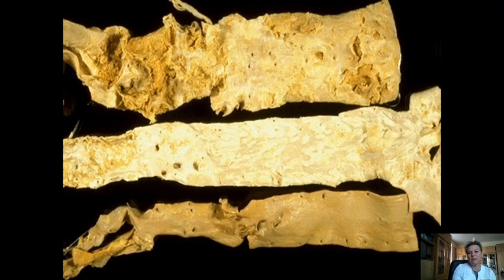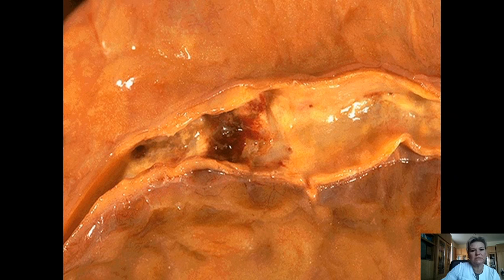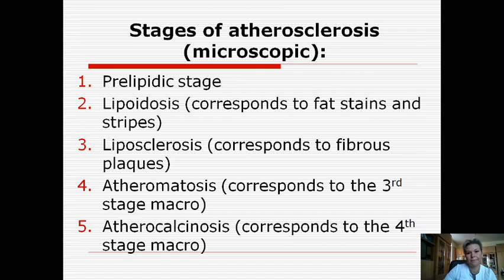In the middle of the aorta, we can see fibrous plaques, and in the upper side, we see complicated lesions and calcification with destruction of intima and formation of a rough surface in the intima. In this photo, you can see complication, hemorrhage in the plaque.